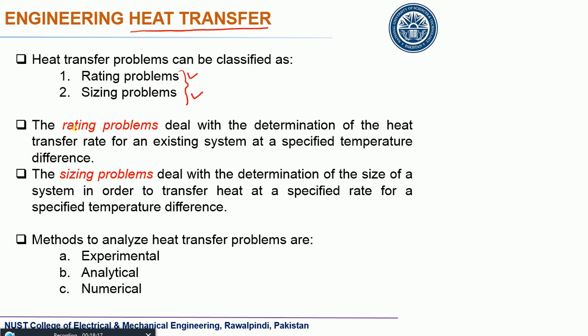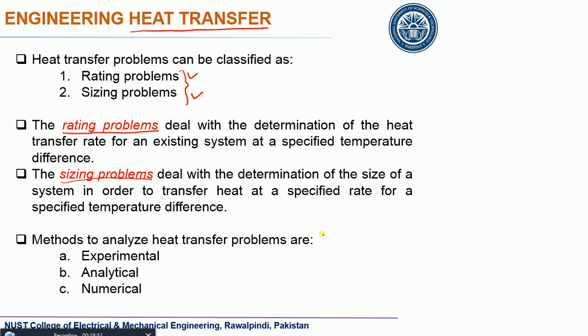So just to formally read it down, the rating problems deal with the determination of the heat transfer rate for an existing system at a specified temperature difference. The sizing problems deal with the determination of the size of a system in order to transfer heat at a specified rate for a specified temperature difference. So in one problem you have the machine, in the other problem you are designing the machine.